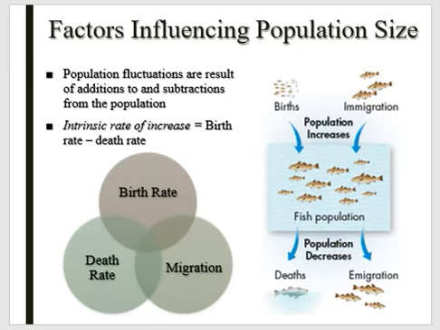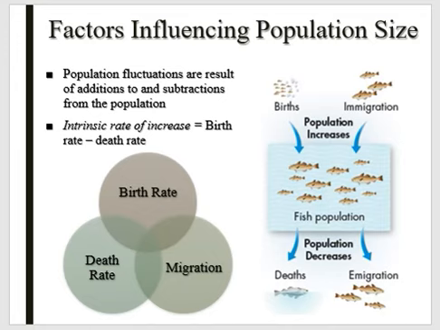Your additions are from natality, which again is birth rate, and immigration. Both of these add individuals to the population, so your populations will grow due to both of those factors. On the other hand, factors that serve as subtractions from populations are mortality, or death rate, and emigration.